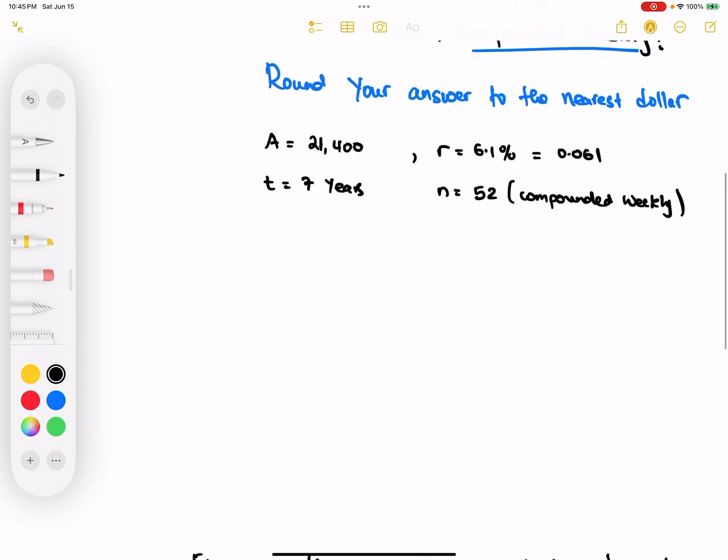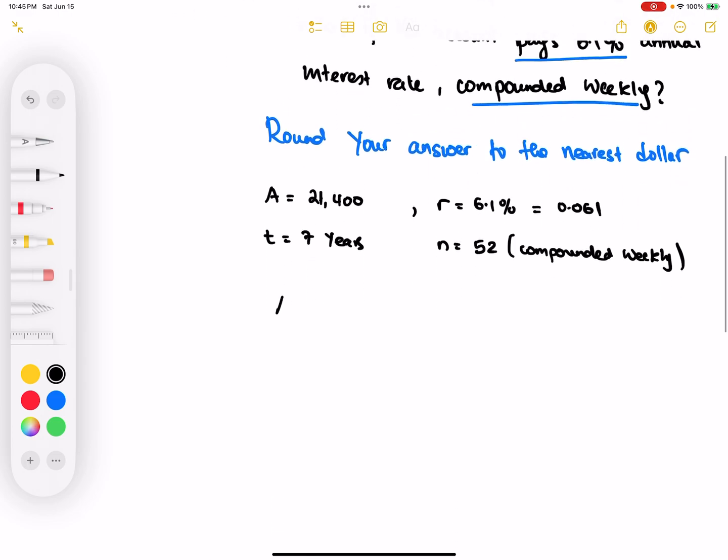Now we know that the formula is: future value A equals the initial deposit or the present value P, times 1 plus r, the rate over n, to the power n times t. So we have to substitute all the given values into this formula and evaluate the unknown.